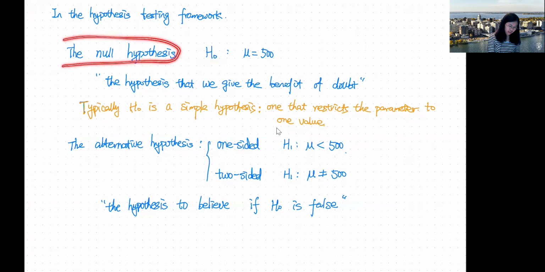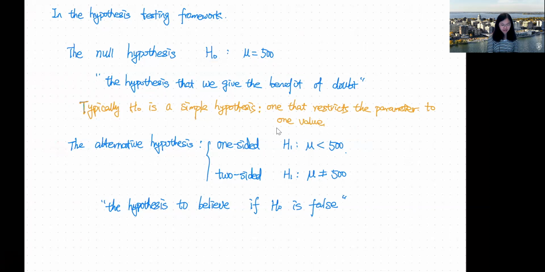And so that is the null hypothesis. We typically want it to be a simple hypothesis, and we will get back to why we want this to be a simple hypothesis later on when we talk about constructing the test for the hypothesis. And opposite to the null hypothesis, there is the alternative hypothesis.